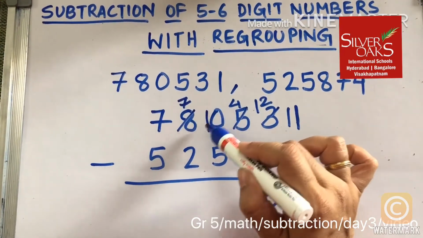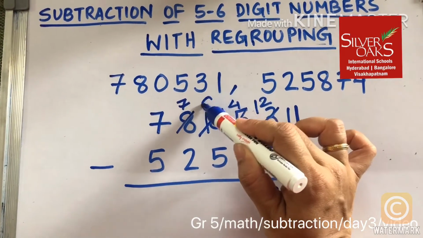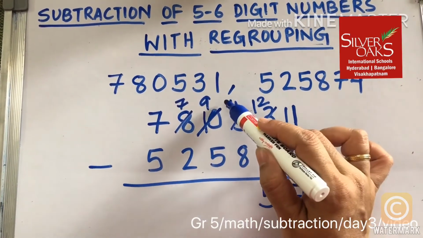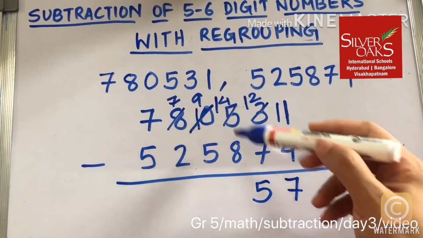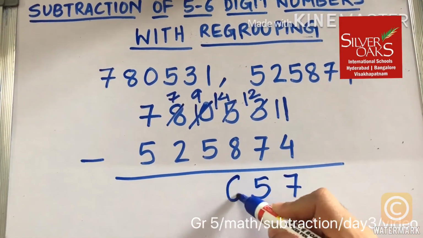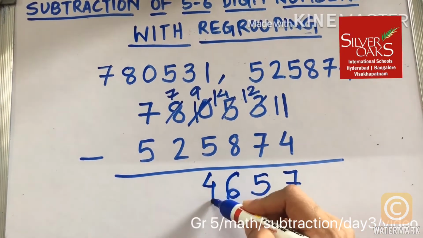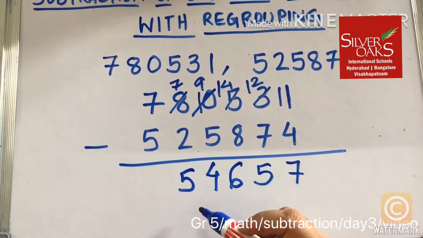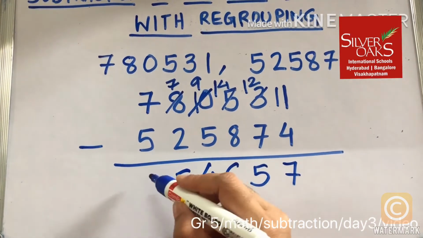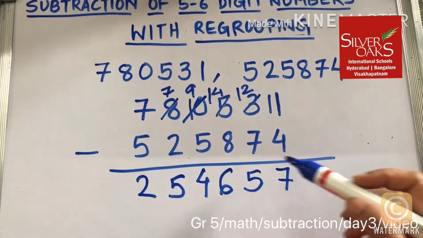Now I can borrow from 10. 10 becomes 9 and 4 becomes 14 when I regroup it. 14 minus 8 is 6. 9 minus 5 is 4. 7 minus 2 is 5 and 7 minus 5 is 2. So we have completed the subtraction.